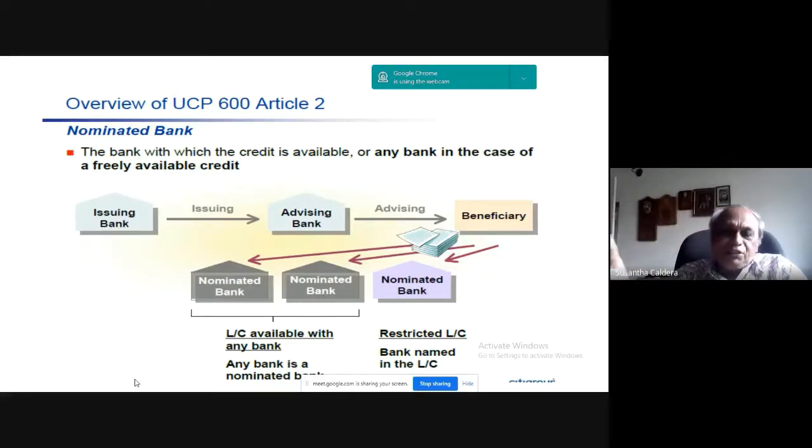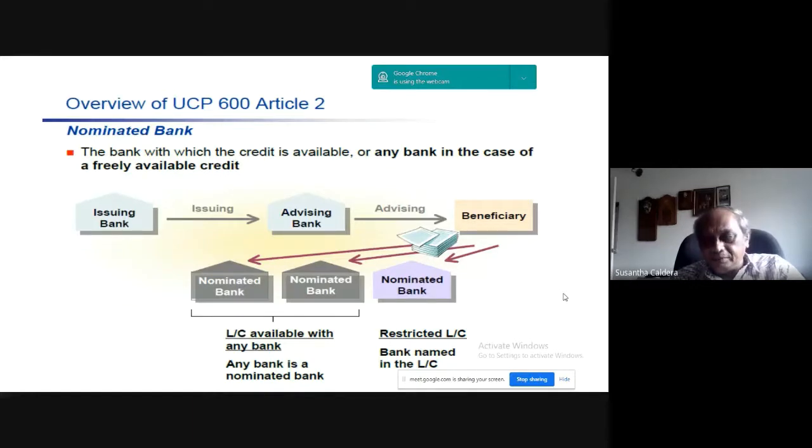Otherwise, the beneficiary can go to any bank. LC available with any bank: any bank is a nominated bank. Right?